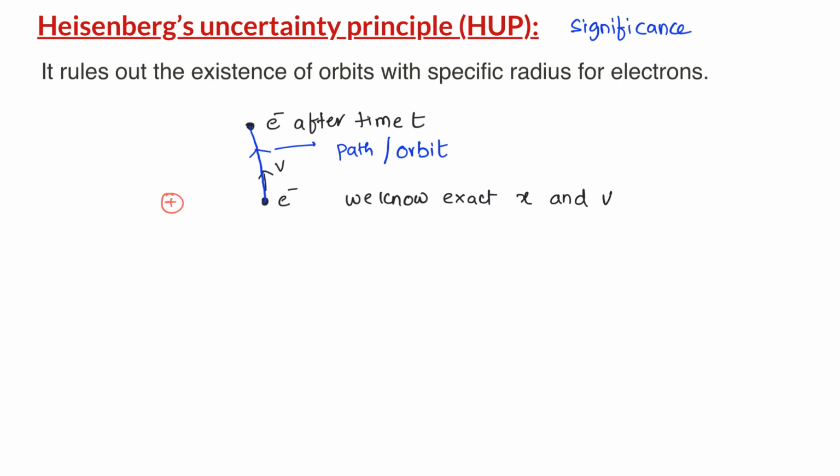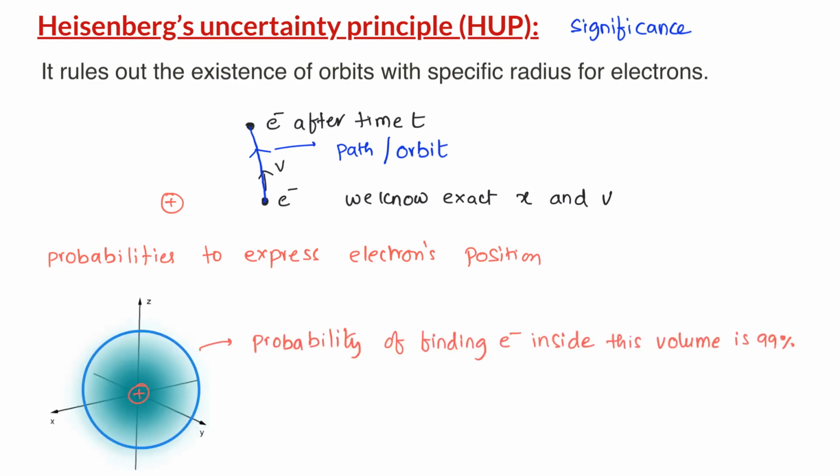So, if we don't know the specific orbits or paths of the electrons, then where is the electron inside the atom? We use something called probabilities to express the position of an electron. We draw a sphere around the nucleus of a hydrogen atom and say that the probability of finding the electron inside the sphere is 99%.